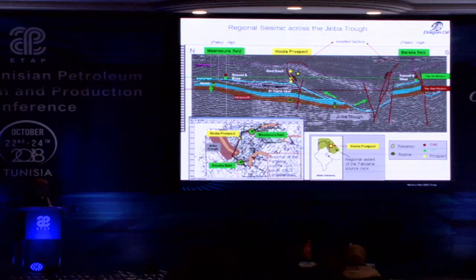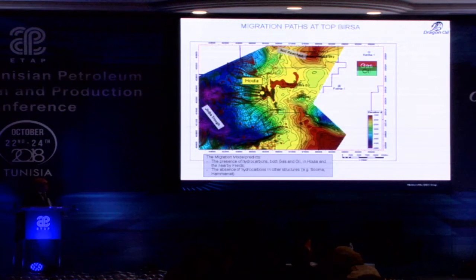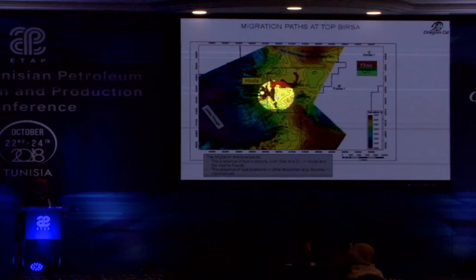Here we have some arrows coming up. We actually find hydrocarbons in these structures coming from this source peeping out. And can we actually predict also some of these structures that don't have hydrocarbons? We must do this, because this is a risk exercise. If this model actually shows that we can easily go into these structures, then we are comfortable, okay?